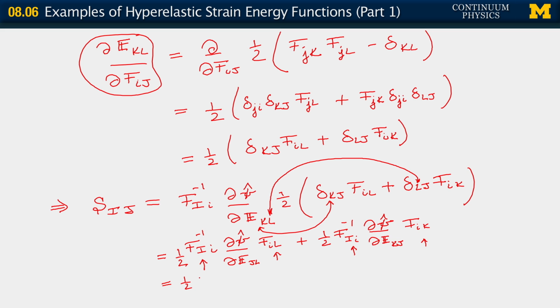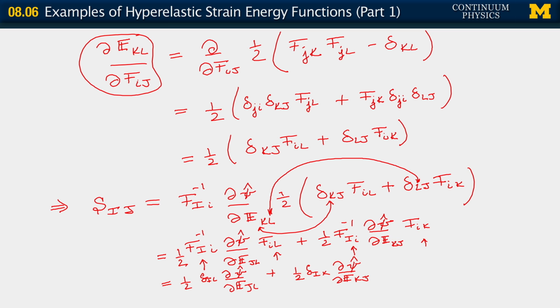So out of this term we get delta IL partial of psi hat with respect to E JL plus, for the second term we get 1/2 delta IK partial of psi hat with respect to E KJ.